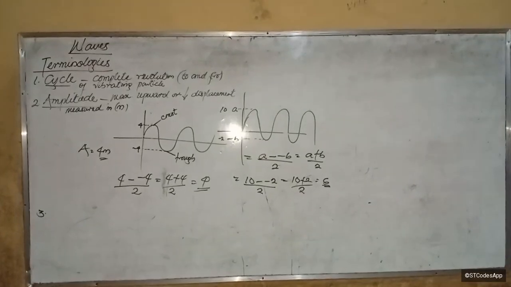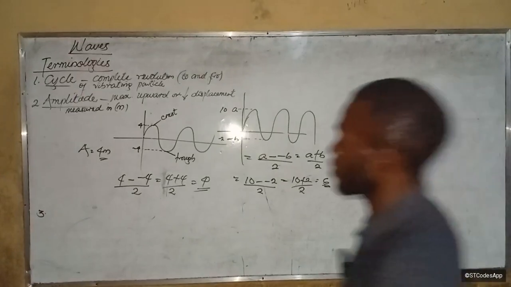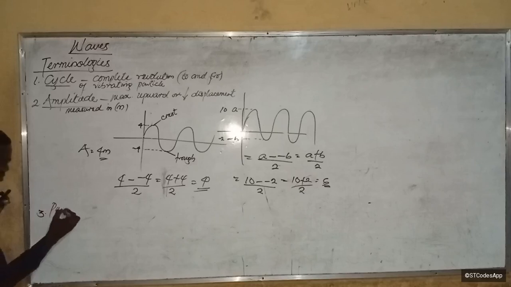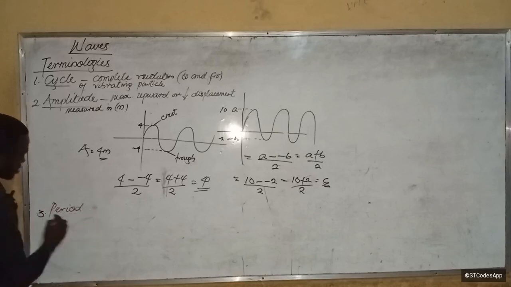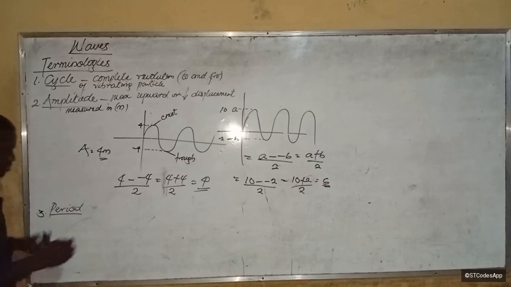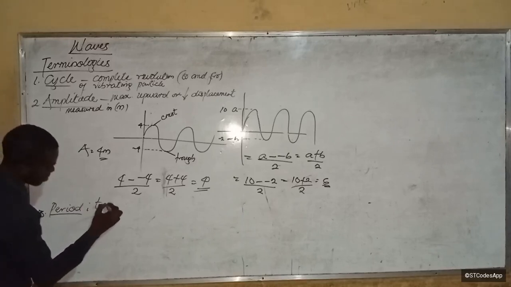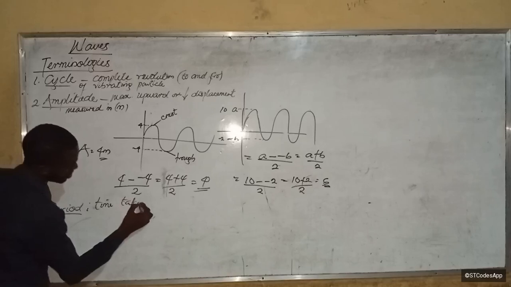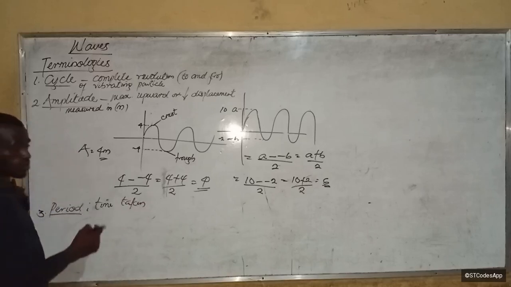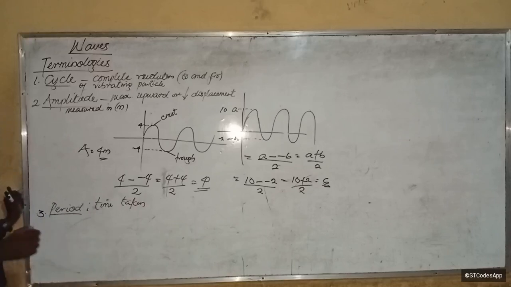Alright. So the next terminology that I want to discuss is the period. Period is the time taken to complete a revolution, or a cycle, or a wavelength.